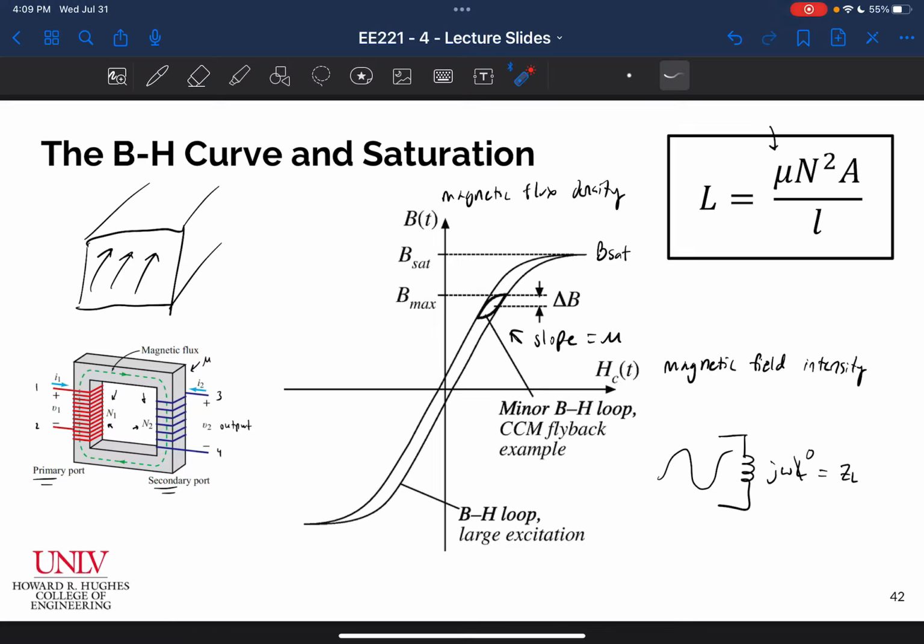And that results in mu going to zero, which results in L going to zero, which means this is a short. And that's not what we want, because that will result in very large currents flowing, which can damage stuff in your circuit. It can also ruin certain magnetic materials. If you're not careful, you can basically permanently saturate them and the material won't magnetize anymore, and then it won't even be a good core material anymore.